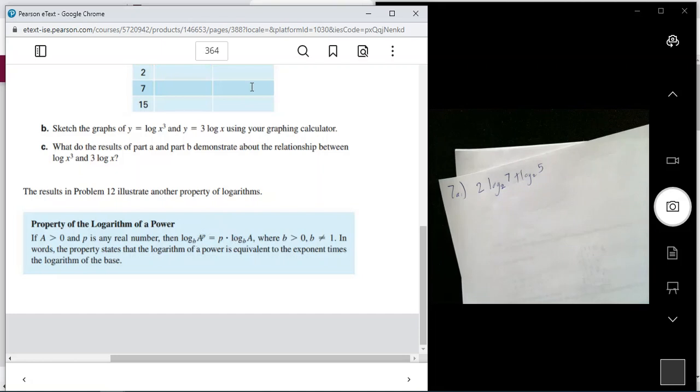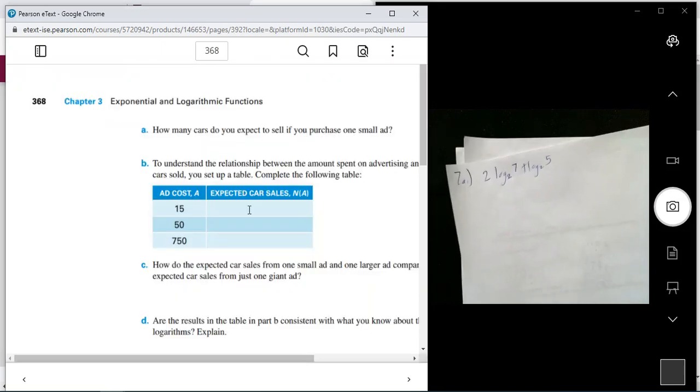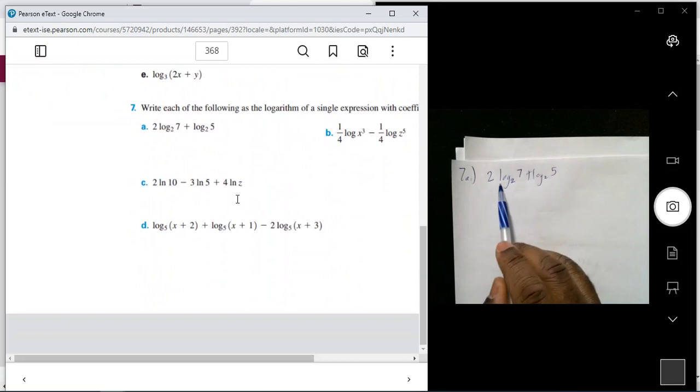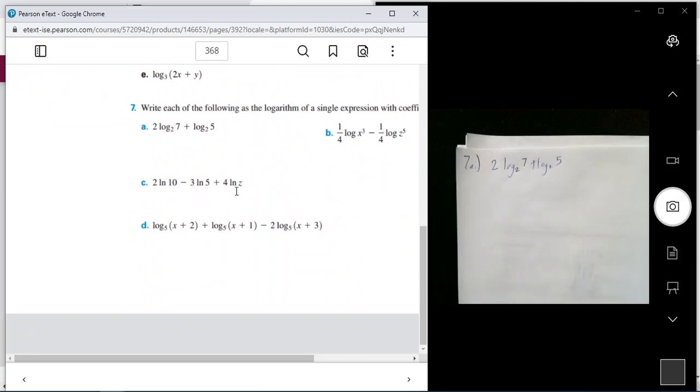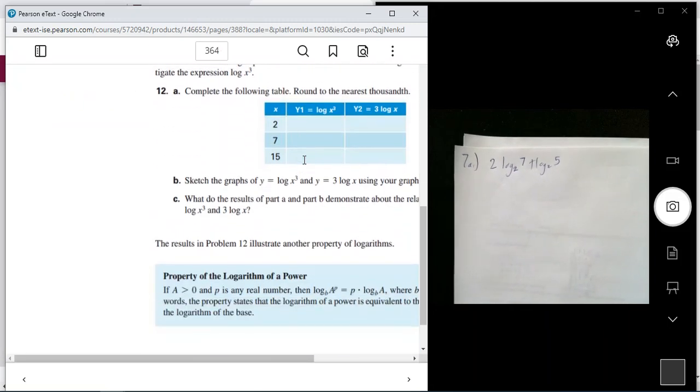So taking this knowledge, back to page 368 for 7a, you notice we have 2 times this log here. Let me go back to 364 so we can have the formula as I go through the problem.